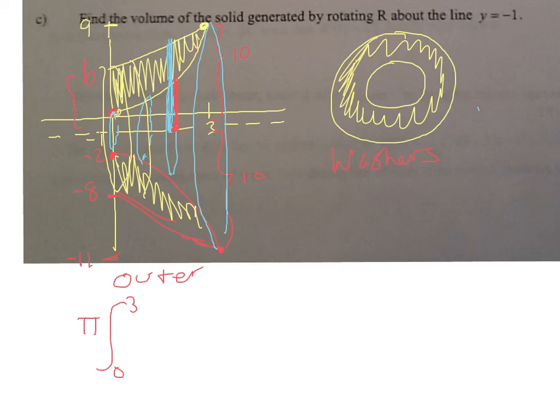I have my radius squared. In this case, I'm going to the line. So x plus 6 minus, just x plus 6, sorry. Because the radius goes the whole way down to the, sugar, that's not right.